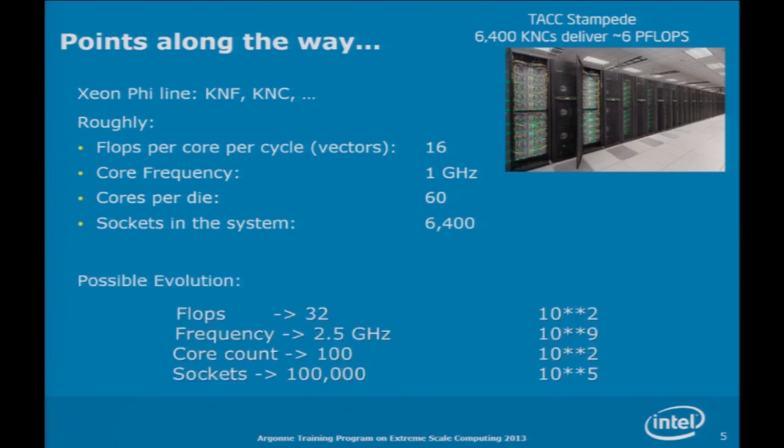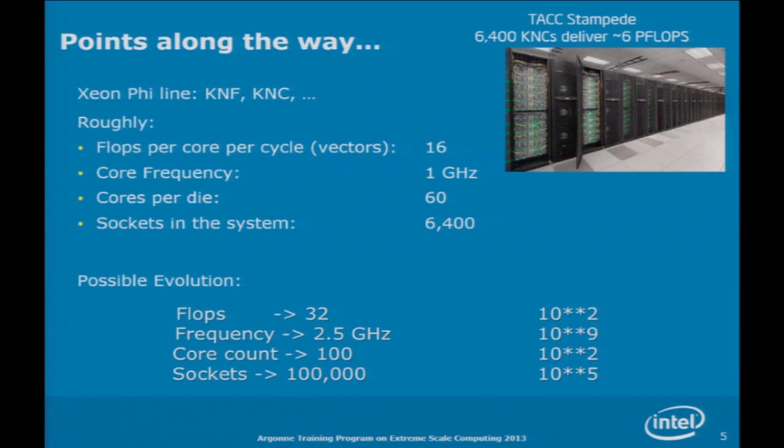If you estimate what things will be like going forward, you can imagine the flops per core go to 32. The frequency of each core, we ought to do better than 1 gigahertz. And the core count, we should go to 100 from 60. And the sockets, let's say we go to 100,000 sockets.